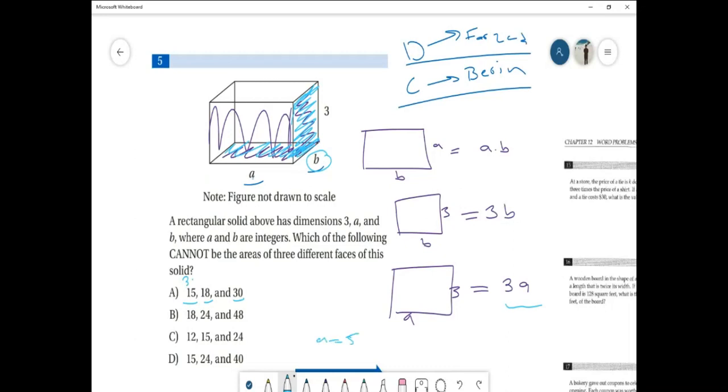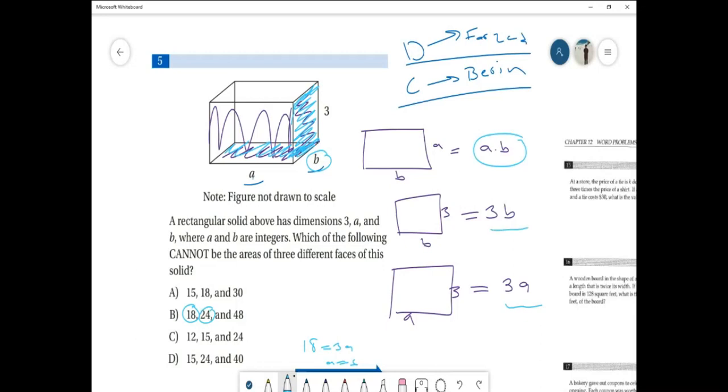I'm going to give you these A and B values. By giving values, I can find the answer. It will be much easier. Let's assume this is the smallest face, and 3 times what is 15?